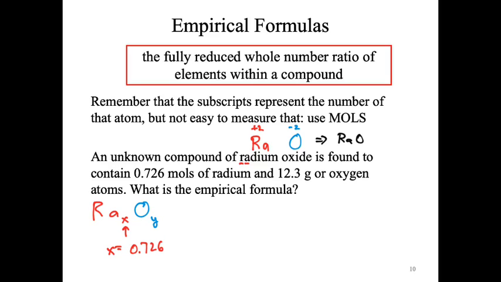We'll put moles. Okay, I'm okay with that. So if we were to write out our formula, we would get Ra0.726. Why are you giving me a funny face? If you reduce it, then you have 7/10 of radium.